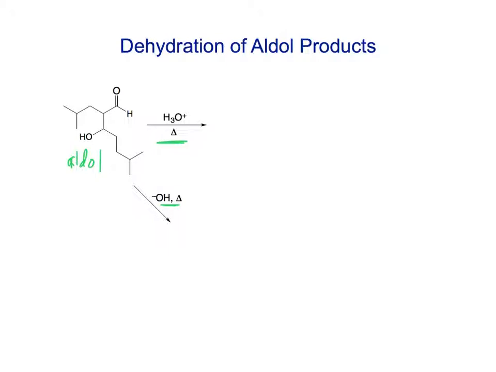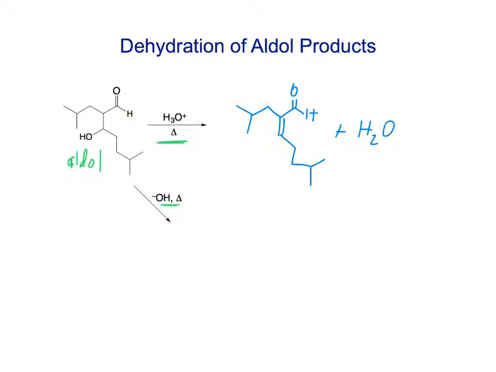If we use acid, it could protonate the alcohol, making a better leaving group, and it does an elimination or a dehydration reaction. This can go to form a double bond here, plus water. And the double bond is pretty stable because it's conjugated with the carbonyl.